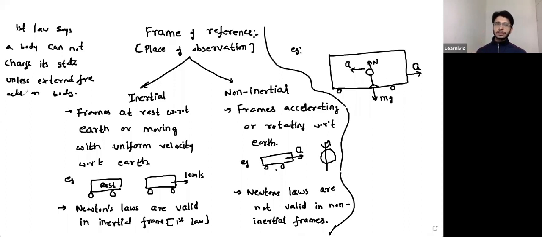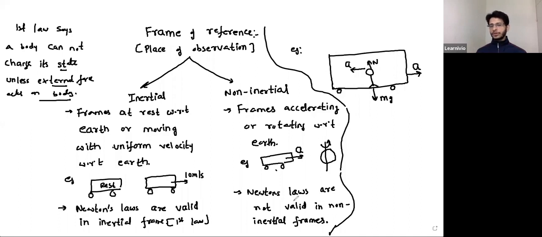Newton's first law says a body cannot change its state unless an external force acts on the body. This is Newton's first law. This first law works very well for the inertial frame. But as soon as you come to a non-inertial frame, then Newton's first law is not valid. This example will clear this thing.